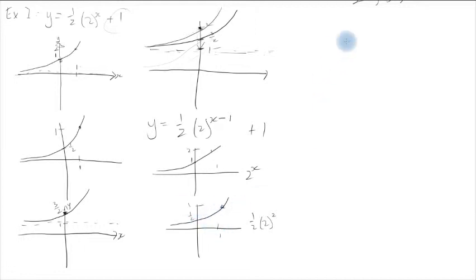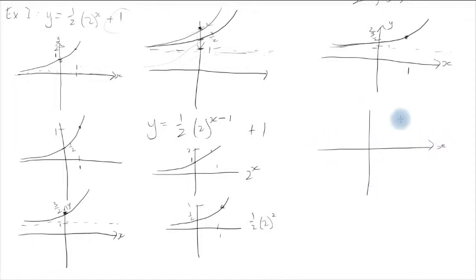And then we'll do our translations, and it doesn't matter which order we do our translations, so we can go up first if we like, and that's now 3 on 2, and this point here is now 1, we've gone up 1, so that's now 1, 2 for that point. And now we're going to do this translation going to the right 1 unit.